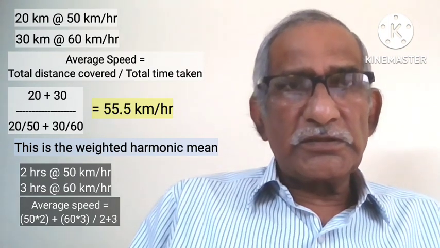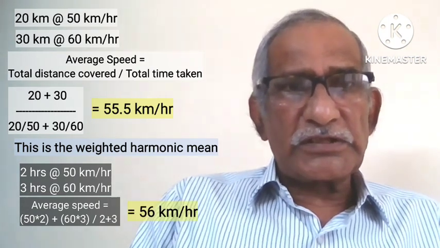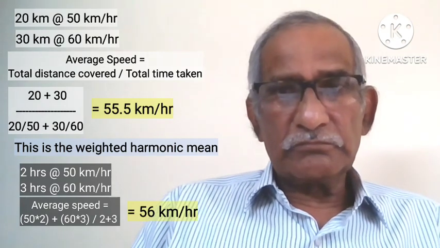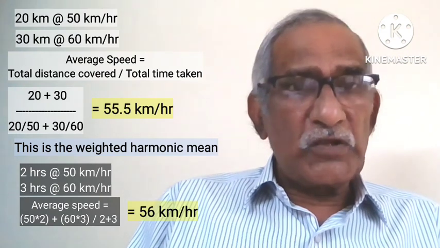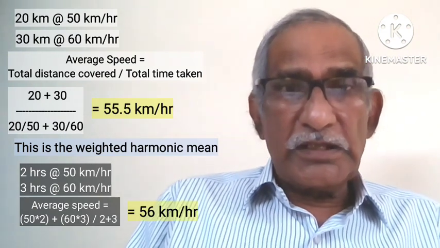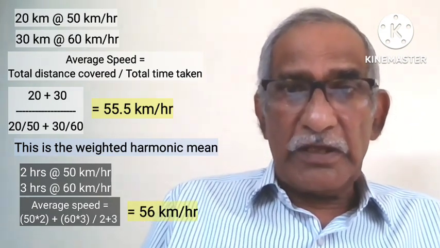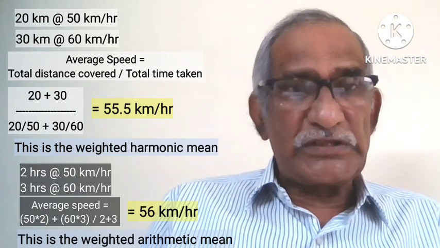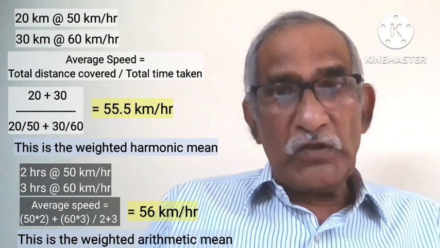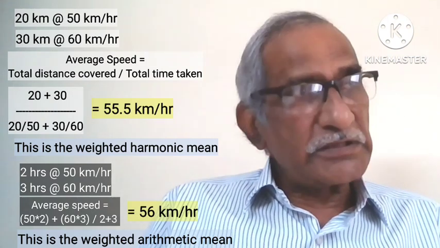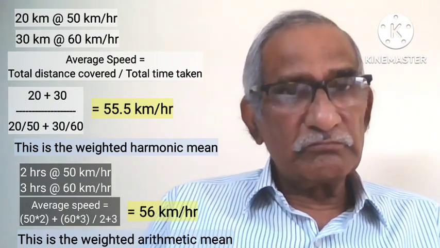This average is equal to 56 km per hour. But here, this 56 km per hour is the weighted arithmetic mean of the two speeds, 50 km per hour and 60 km per hour.